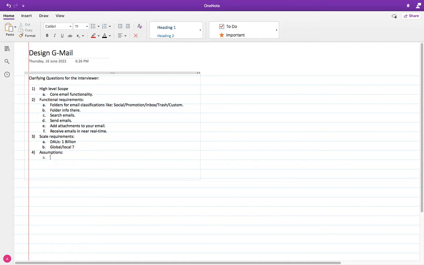Let's say on average, size of a single email. Can I assume it could be 50 KB? On average, size of a single attachment. Can I assume it to be 500 KB?